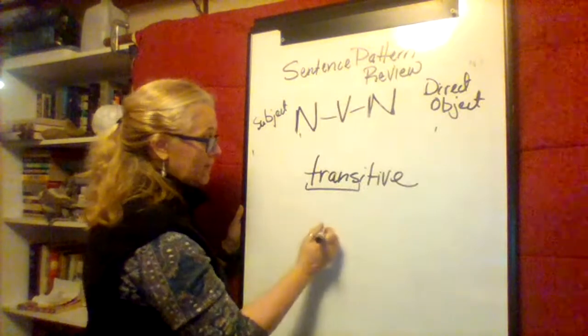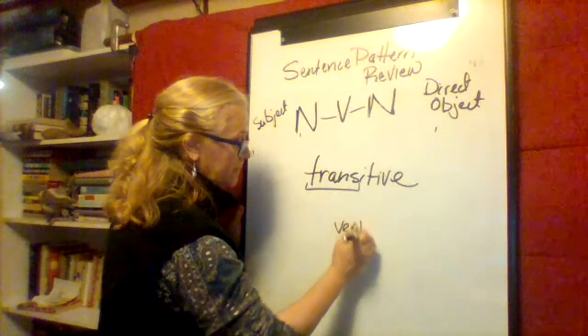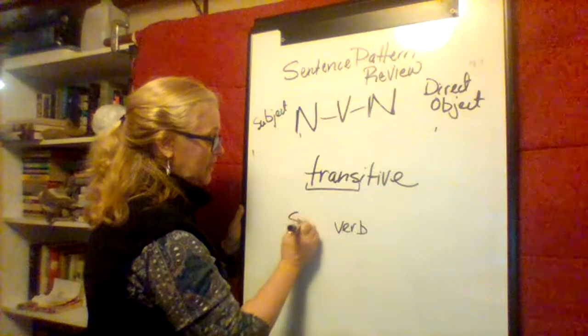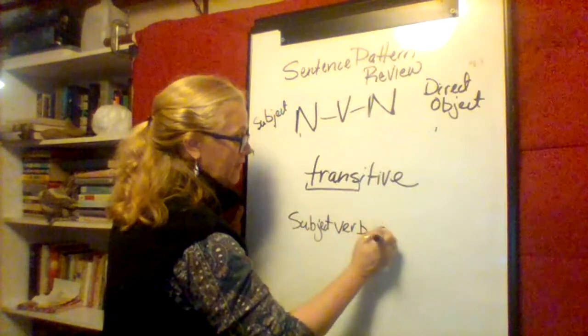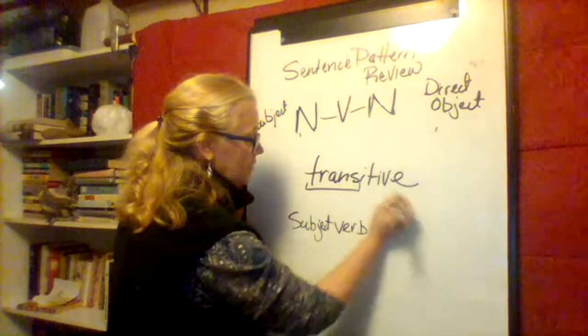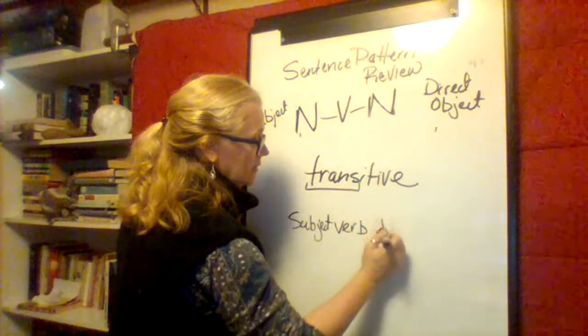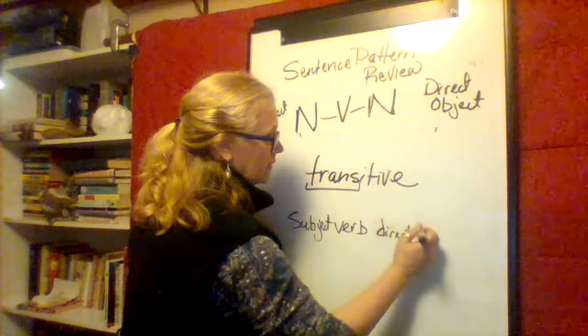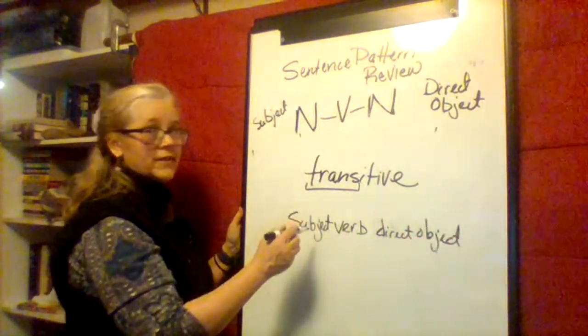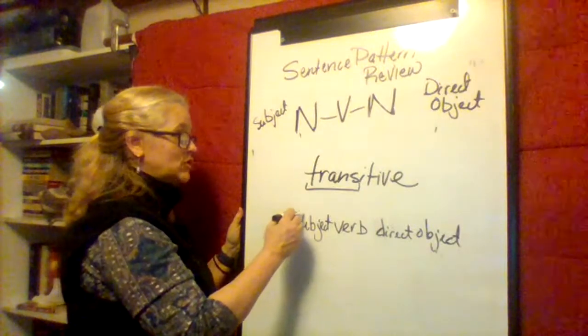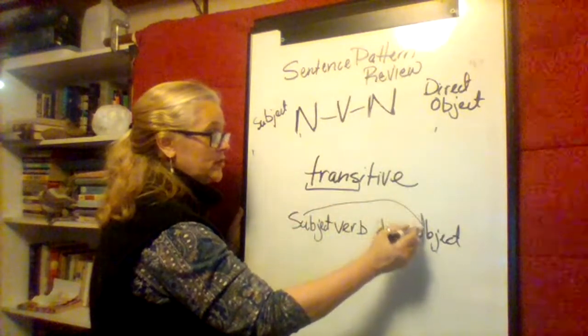So you have a verb here, and you have your subject, and you have an object, a direct object. Transitive verbs carry the action from the subject to the direct object.